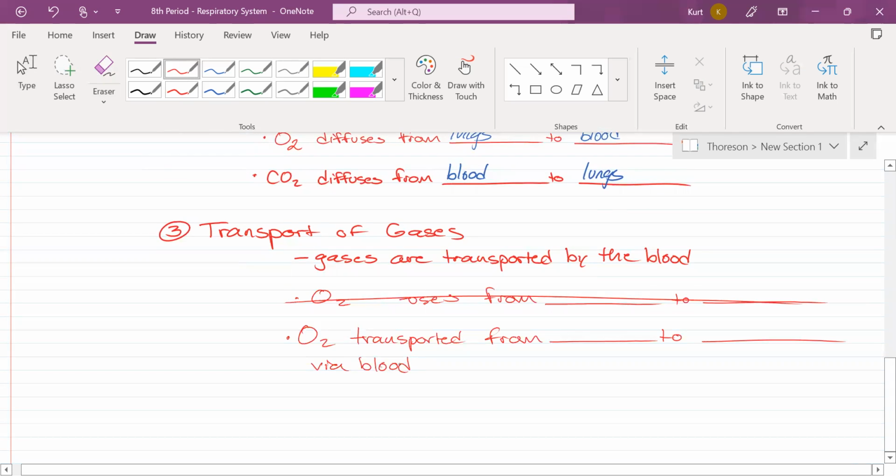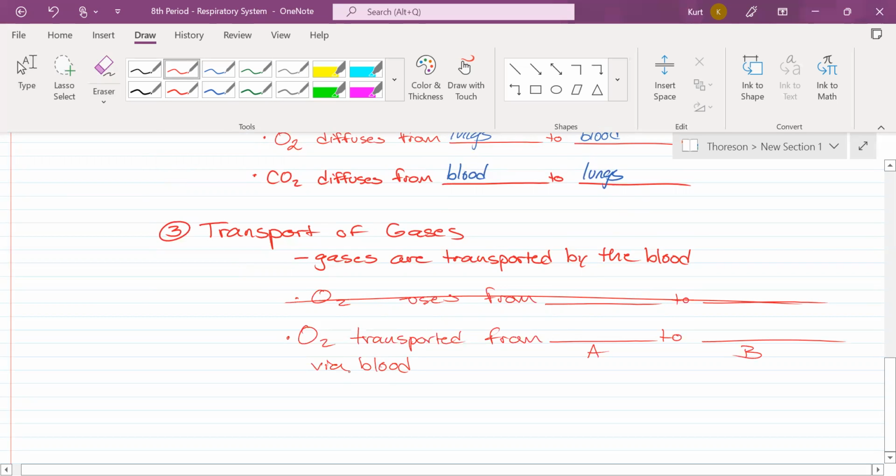Okay. Emma, how did you get to school today? My car. Okay. The car is your blood. Your home is point A. Playing high school is point B. So here's A, here's B. Blood is the car.